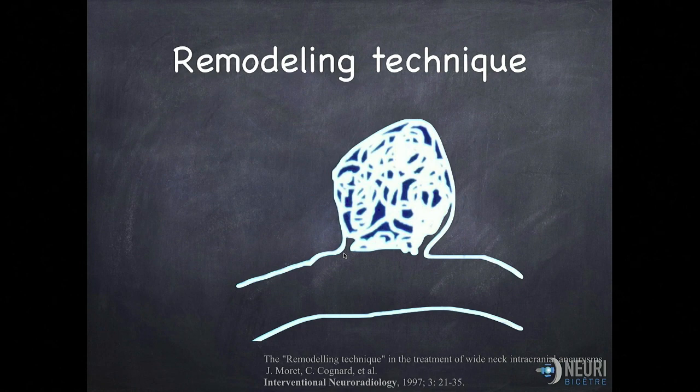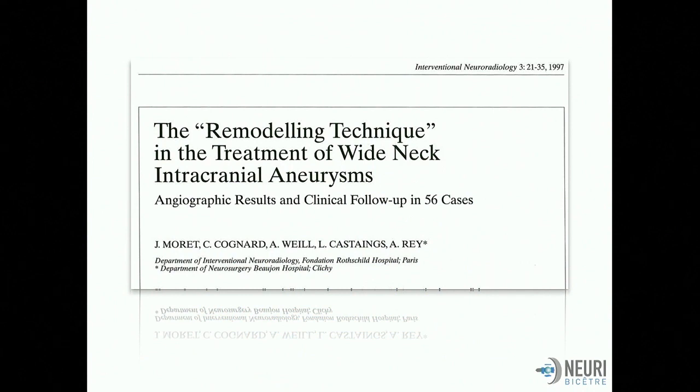Nowadays we completely understand how it works, and you have to apply a very specific technique to use a balloon to maintain coils. This, of course, was published a few years after. There were two papers, one in French and one in English.